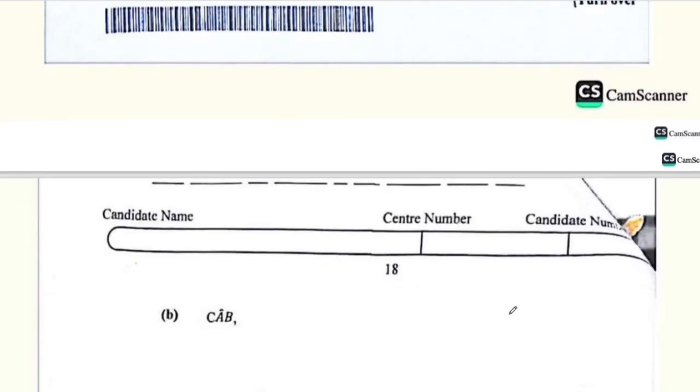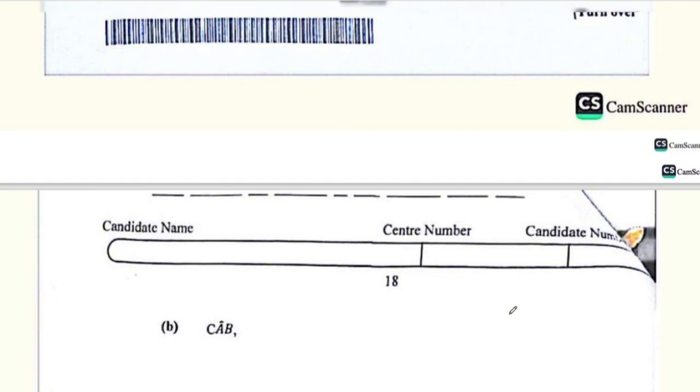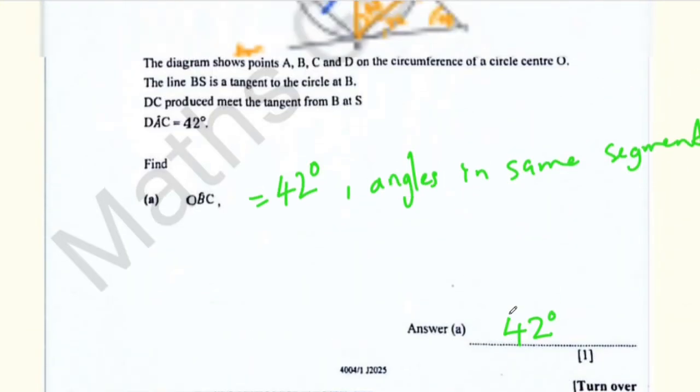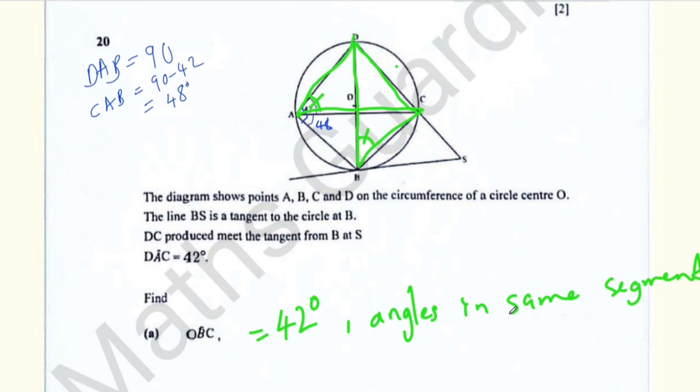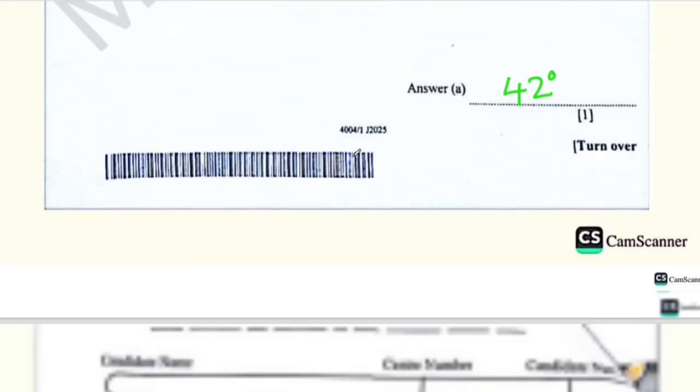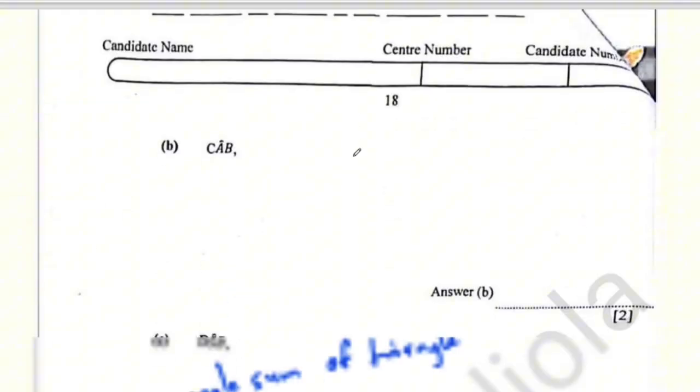Then we move on to do the next one, CAB. We go back to our diagram. CAB, we've already calculated it. We found that CAB is equal to 48 degrees. Why? Because it is part of the 90-degree angle formed from that triangle which is subtended at the circumference by the diameter.